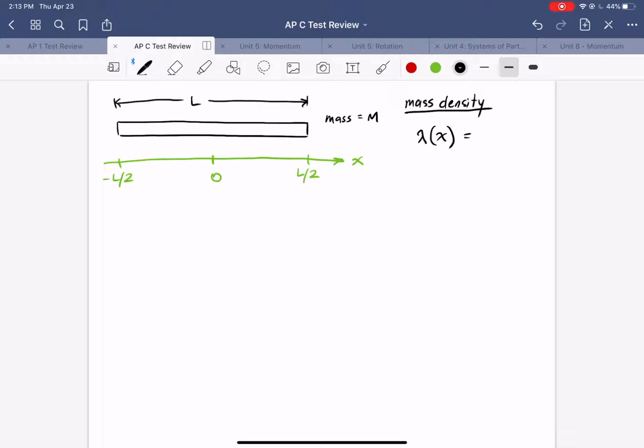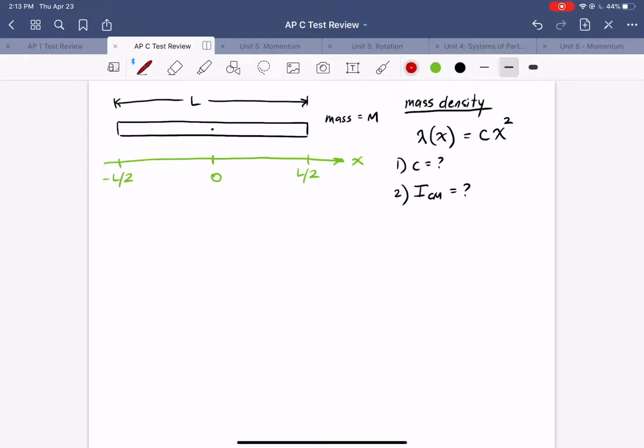So it's going to be a function of the distance from the center. And let's say this is proportional to x squared. All right, so let's look at two questions here. First, what is c equal to in terms of the mass and the length? And then what is the moment of inertia of this rod rotating around the center?